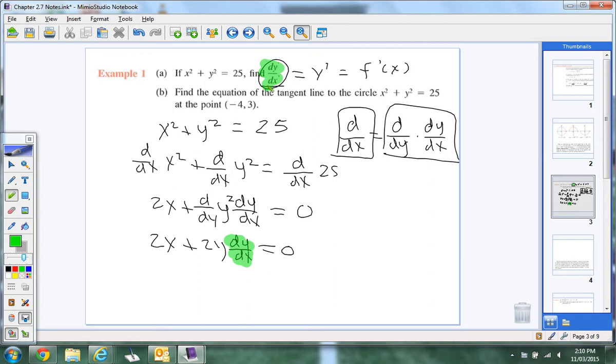No, we just have to isolate that. Now we're just solving. Just treat this like a variable. This is a variable to us now. We're just solving like it's an x. Okay? So here we go. Minus 2x. So I get 2y dy dx equals negative 2x. And then how would I get that 2y off? Yeah, we're just doing algebra now, exactly. We divide it off.